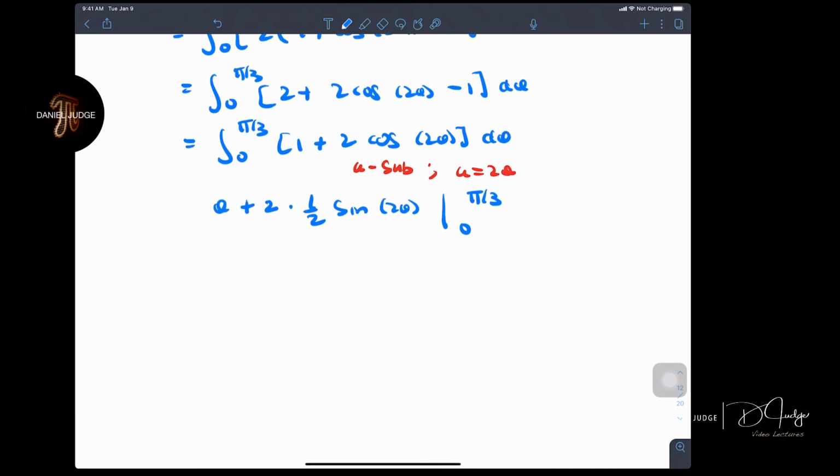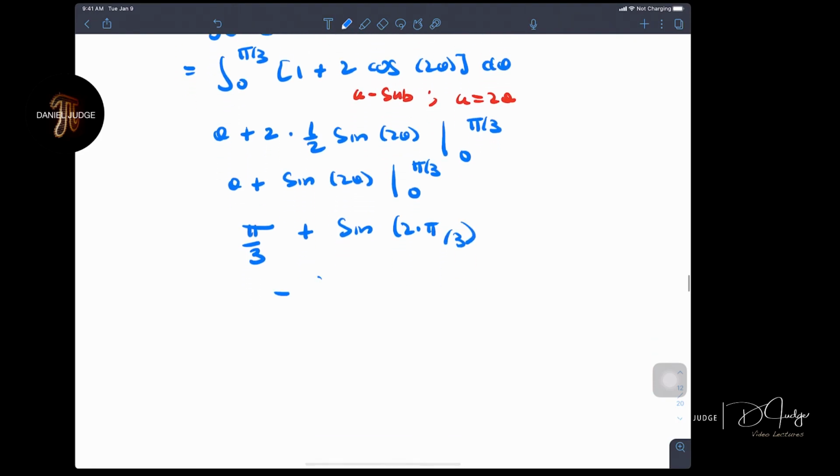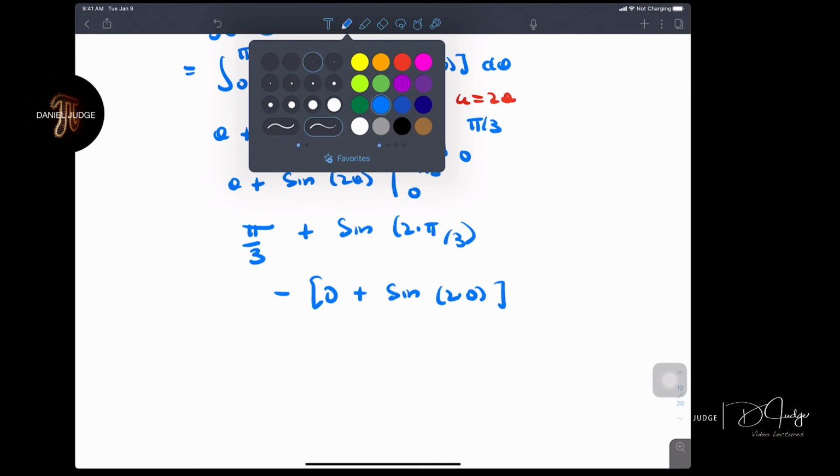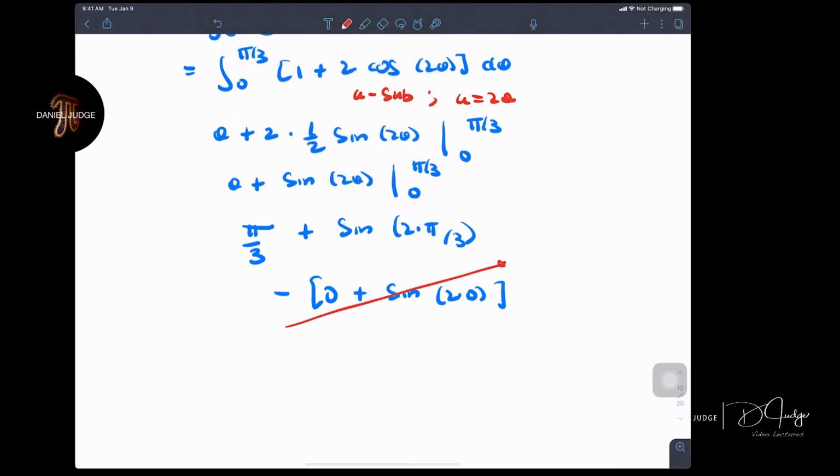And 2 times 1/2 is just 1, so we'll say theta plus sine 2 theta, 0 to pi over 3. Pi over 3 plus sine 2 pi over 3, minus 0 plus sine 2 times 0. So this portion is just 0.